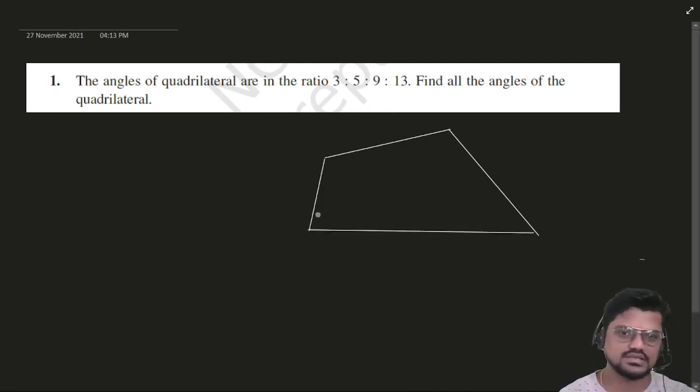They have given the ratios of all the angles. Let us take this as 3x, they are all in ratio, so this is 5x, this is 9x, and this is 13x.